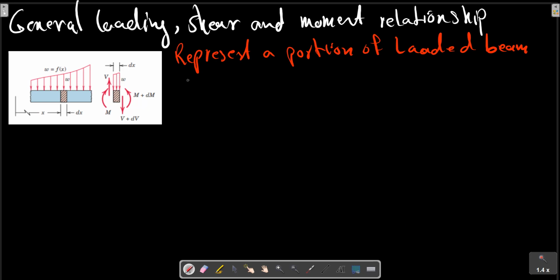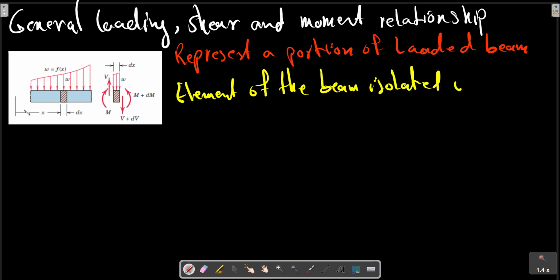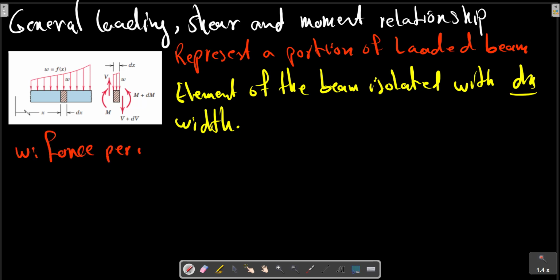where an element of the beam is isolated, with length dx, with the loading omega representing the force per unit length of the distributed force.